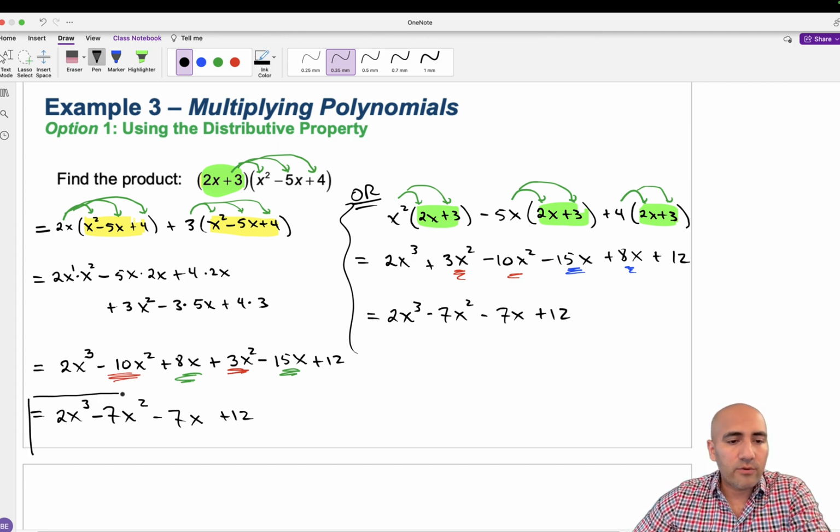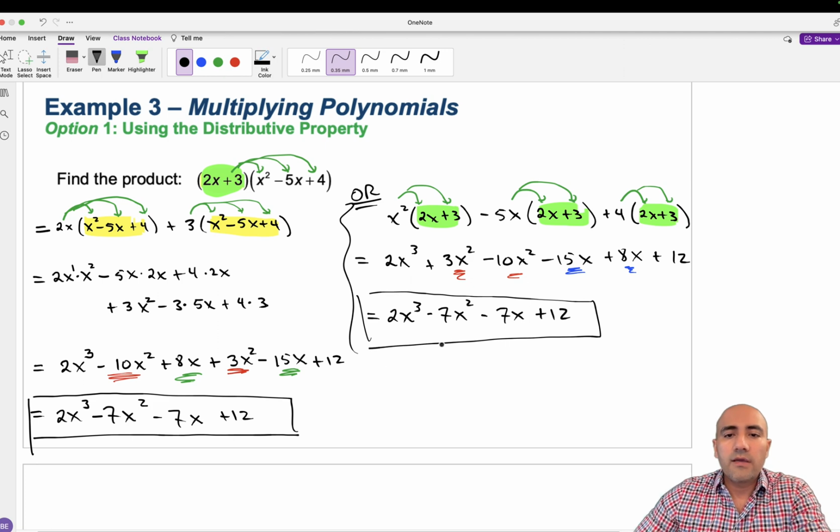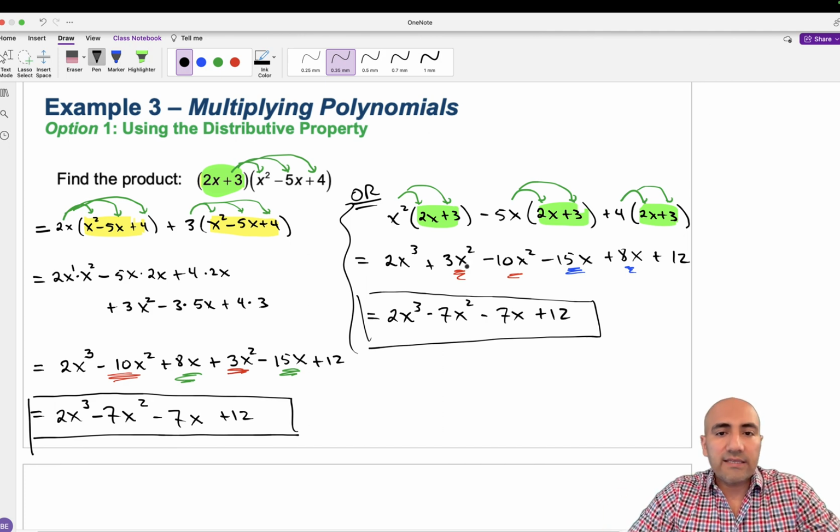Either way, we get the same answer. Right? You don't have to do it both ways. Just giving you options. And here I did a little less writing. Again, as we progress and you get more and more comfortable, you're expected to do less and less writing.